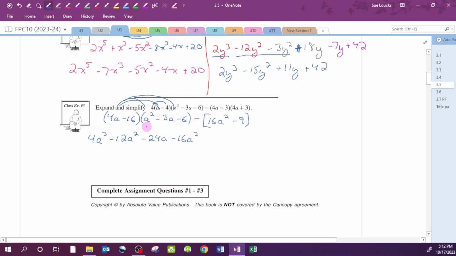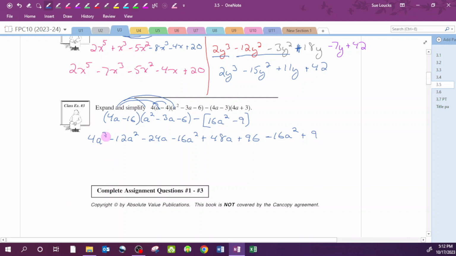So much for me shutting up, right? Plus 3 times 16 is 48a, and 6 times 16 is 96. All right, so that's this whole bit here. And then I can do this on this line as well. I can go minus 16a squared plus 9.